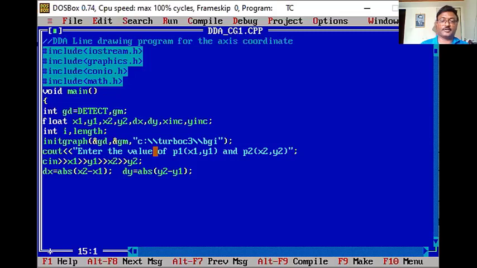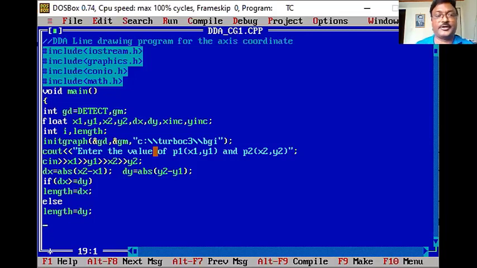You have to calculate the length. If dx is greater than dy, or you may say greater than or equal to dy, then length is equal to dx. Else length is equal to dy. Everybody understood? Because I am converting that algorithm into a program.